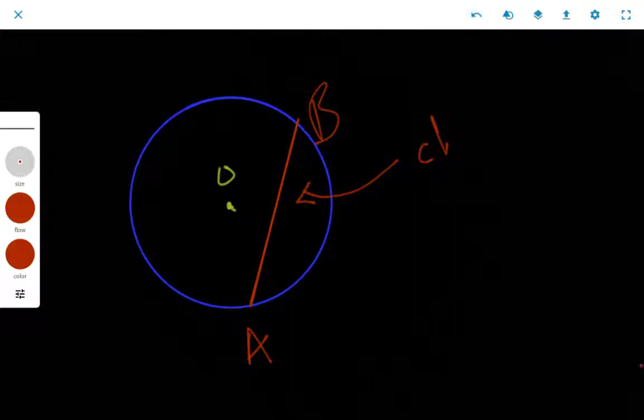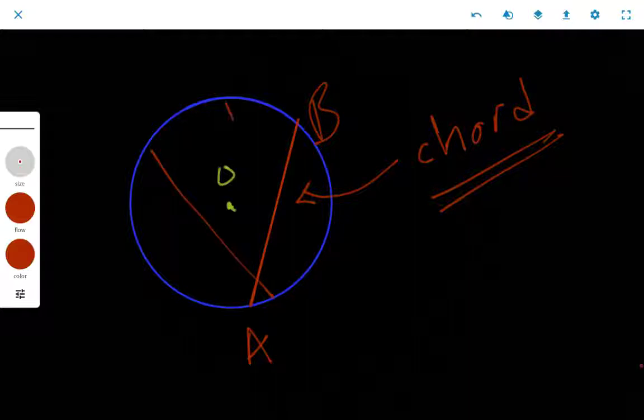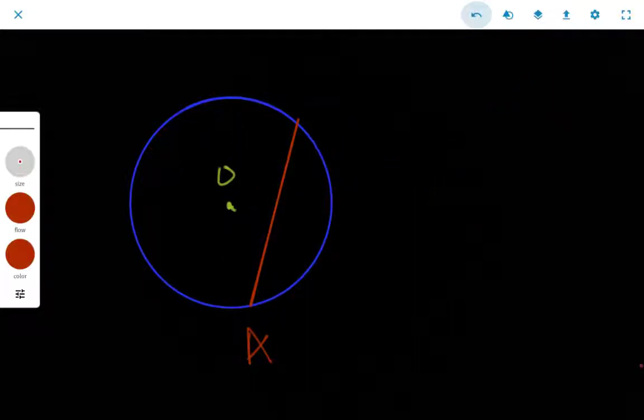What is a chord? It is a line segment that joins any 2 points of a circle. Any 2 points, so it may be this. These are all chords. Any line segment that joins any 2 points on the circle.